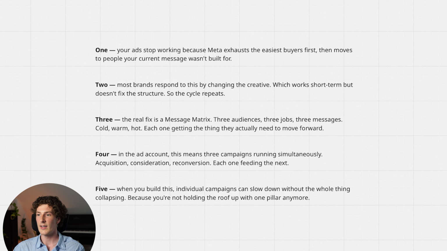Cold, warm, hot. Each one getting the thing they actually need to move forward. 4. In the ad account, this means 3 campaigns running simultaneously. Acquisition, consideration, reconversion. Each one feeding the next. 5. When you build this, individual campaigns can slow down without the whole thing collapsing, because you're not holding the roof up with one pillar anymore.